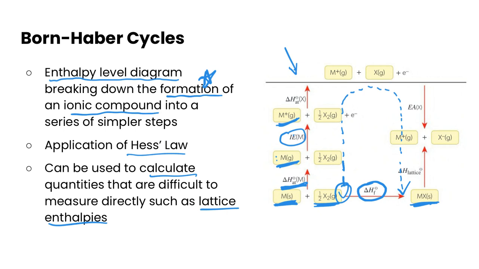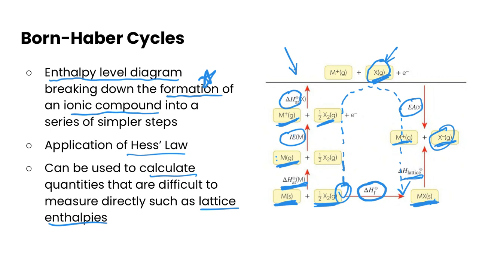Our next step up is the atomization of our X. We're taking X2 in its gaseous state and creating just the atom by itself in its gaseous state. From there, we undergo electron affinity. We need to add an electron to our nonmetal to create an X minus. And then from our M plus and our X minus is our lattice enthalpy to MX.